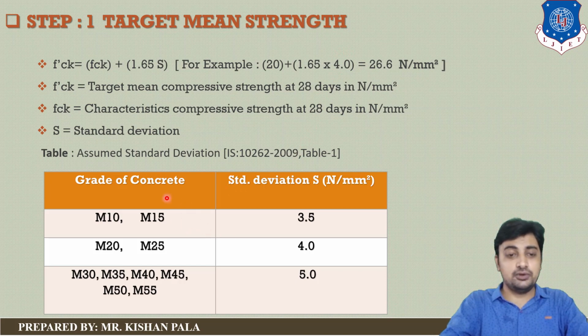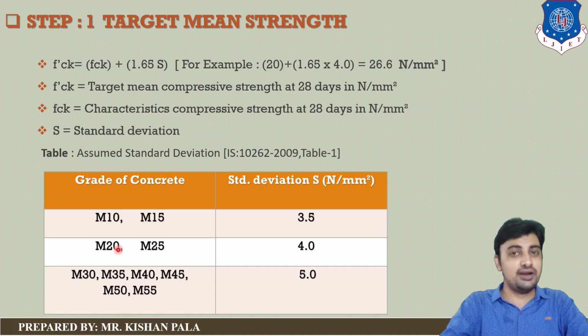In the first column the grade of the concrete has been given, and in the second column the values of the standard deviation. For example, for M10 and M15, the standard deviation value will be 3.5, and for M20 and M25, the standard deviation value will be 4. So here we are designing for the M20 grade of concrete mass.